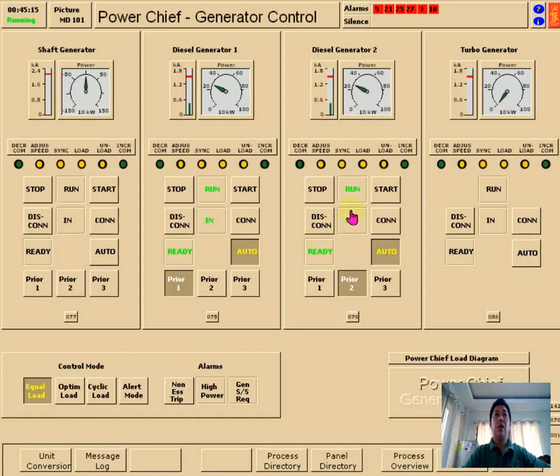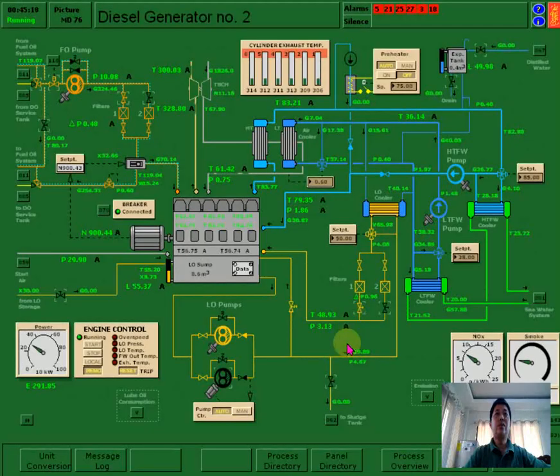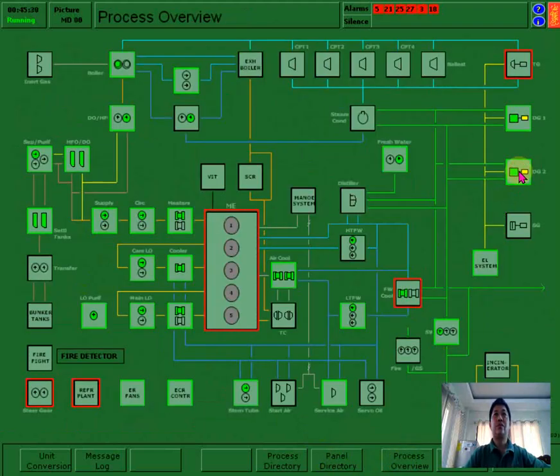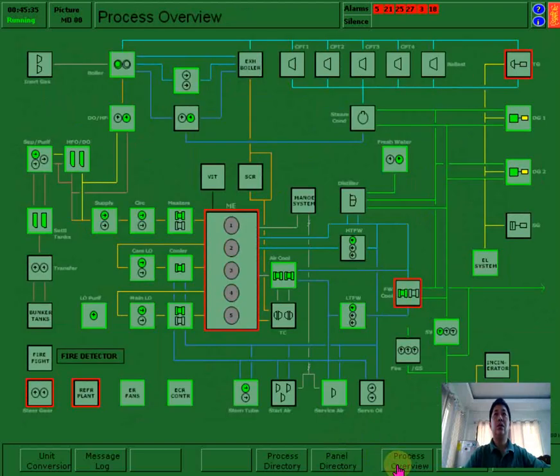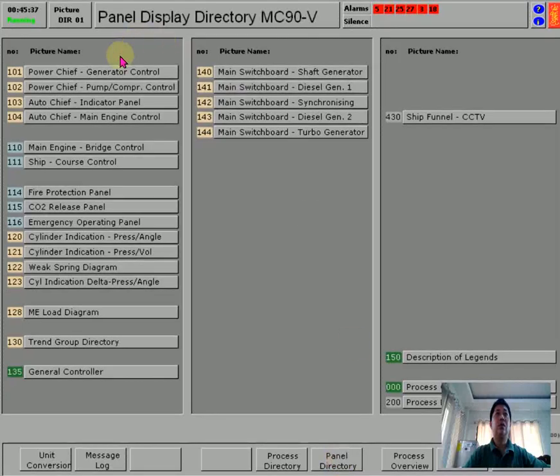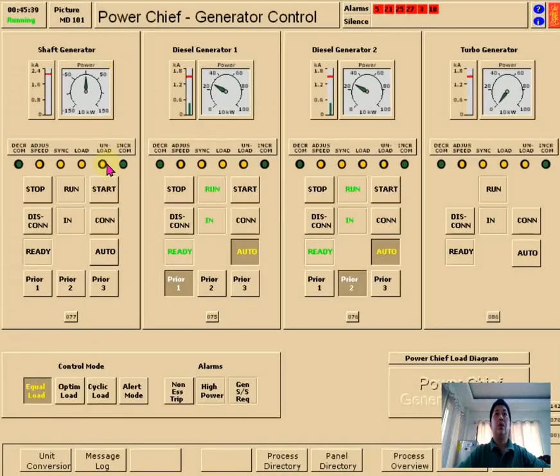And it will automatically stop your DG2. Then your DG1 will take the load.